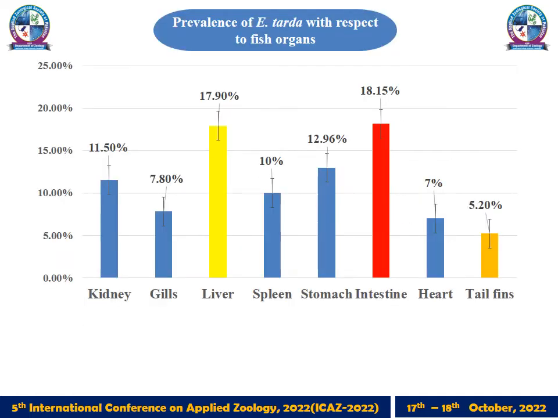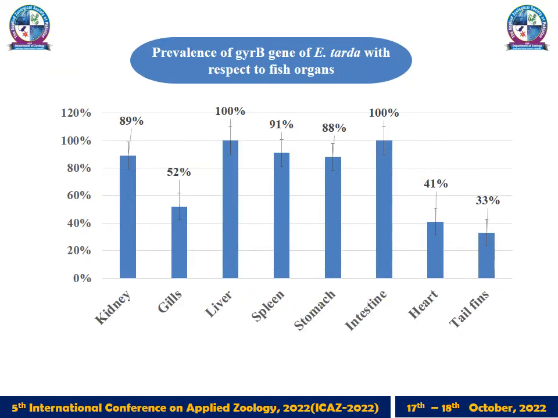And this is the prevalence of E. tarda with respect to organs. The most highly infected organ was the intestine, which showed 18.15% prevalence, and minimum prevalence was recorded in tail fin, which was 5.2%.